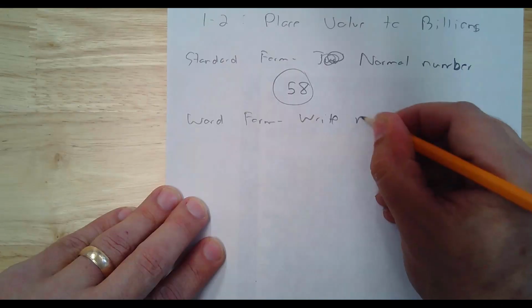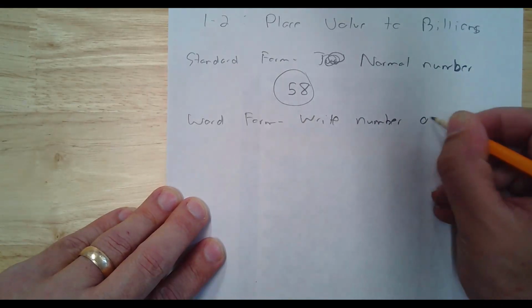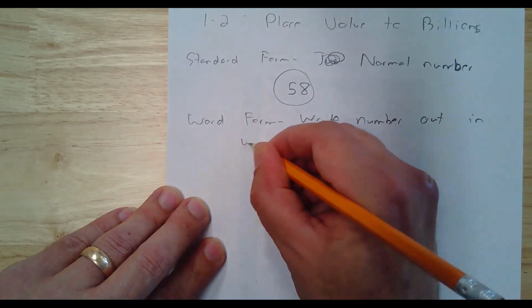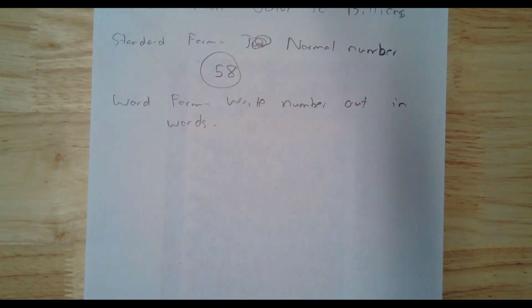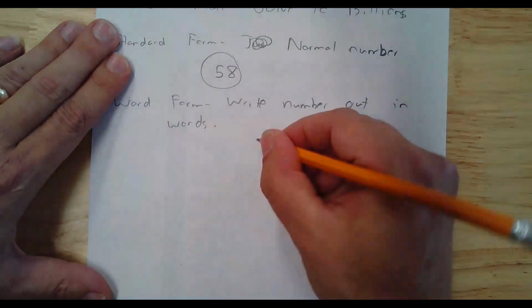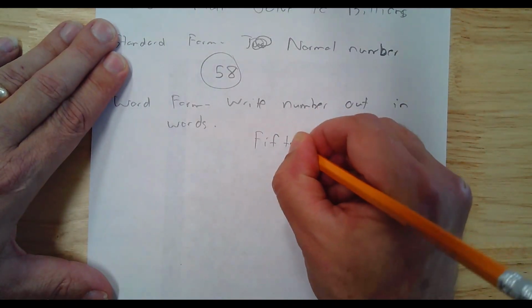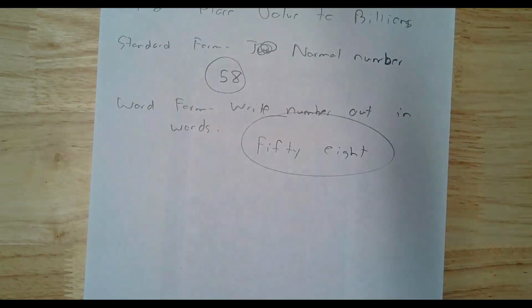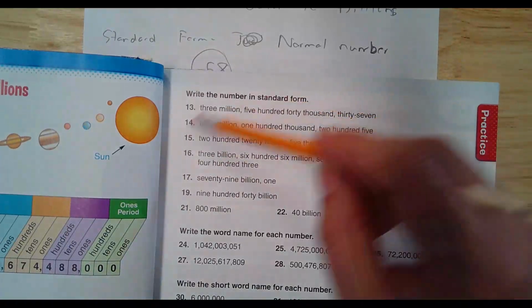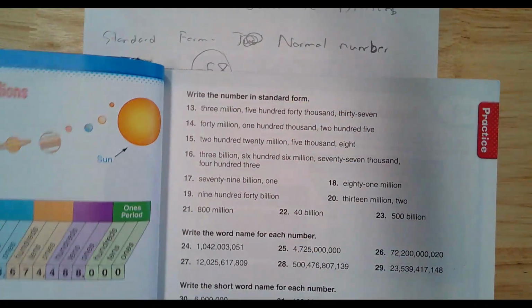Word form: write the number out in words. So keeping 58 here, if I wrote 58 in word form, I would write it using words. All these examples you see right here are numbers written in word form.